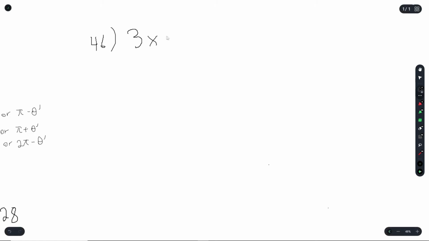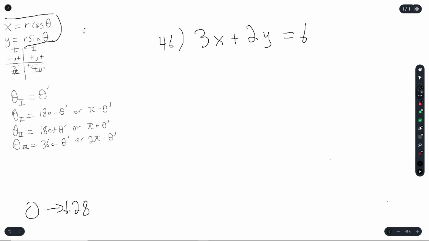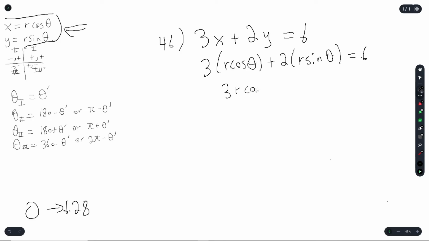So they're basically asking us to convert the rectangular equation into a polar equation. So here again, we're gonna use these formulas to convert them. So x is r cosine theta, so 3 r cosine theta plus 2 times r sine theta equal to 6. So we distribute, so 3 r cosine theta and 2 r sine theta is equal to 6.